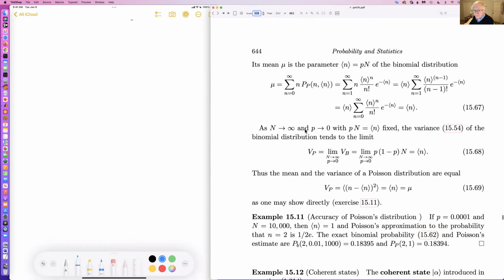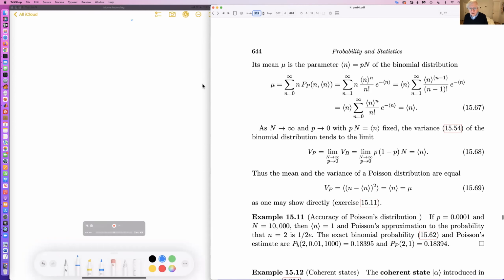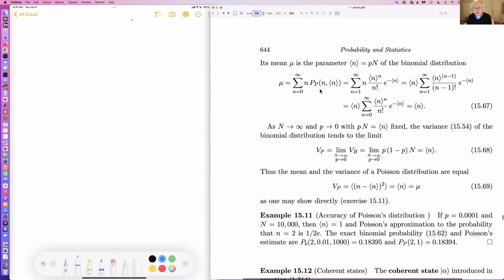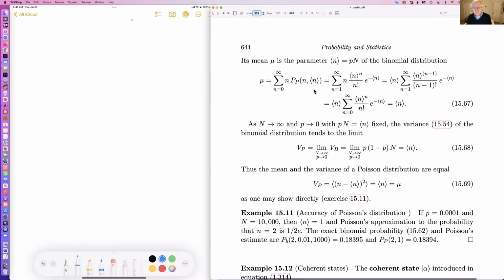And then the average number of successes is n average, which is what you want.